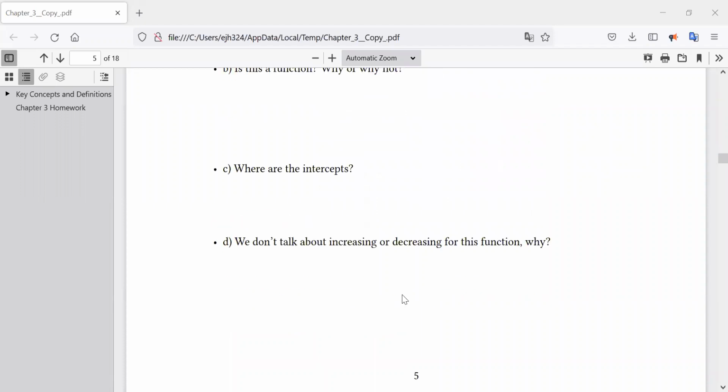Nice. So what are the intercepts? (0, 0). Exactly, (0, 0) is both the x and y intercept.